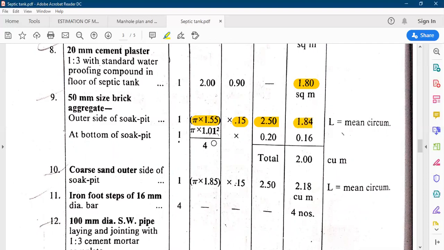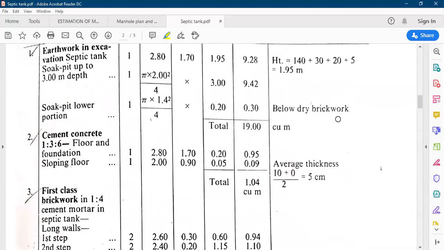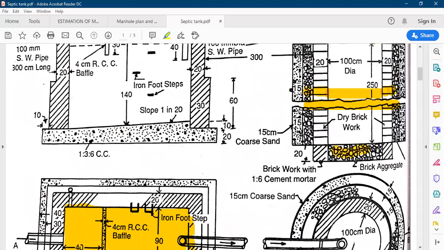Similarly, at the bottom of the soak pit there is a complete filling of the brick aggregate in this portion. This brick aggregate is to be filled completely in order to filtrate the water coming from the top portion. This is taken as 1.01 diameter, right? Since it is to be filled completely, it is calculated as area multiplied by thickness.